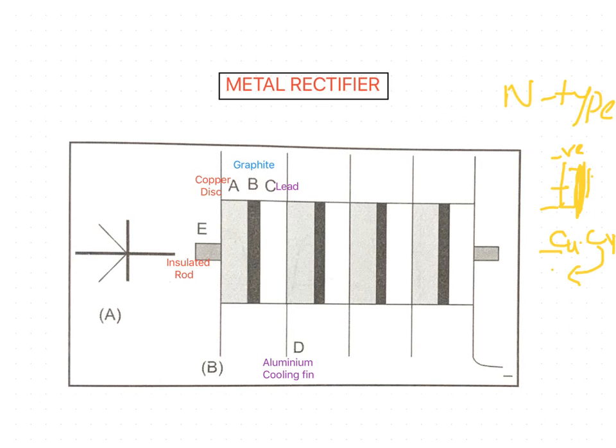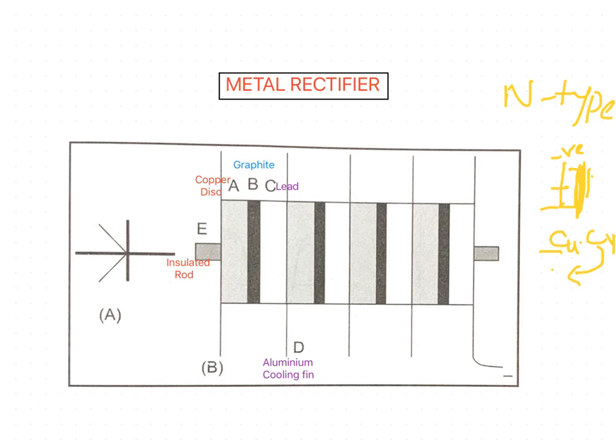Then no reverse flow takes place, and the EMF is maintained continuously until the desirable volts we require. Each metal rectifier rectifies 8 volts.